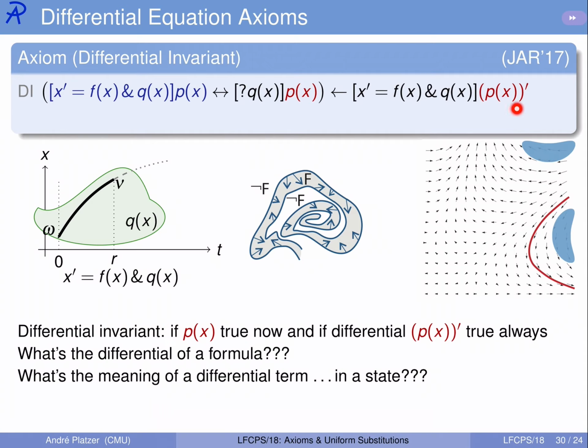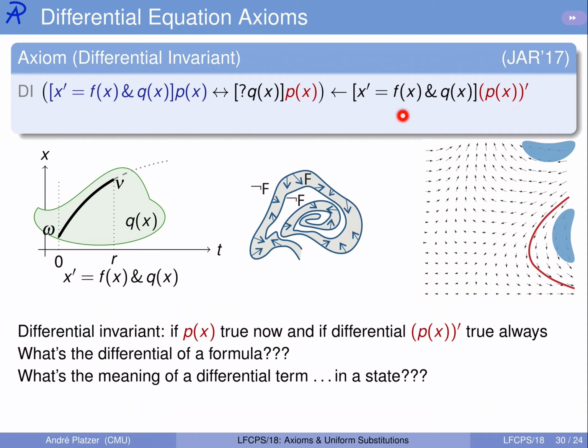So instead, in chapter 10 on differential invariance, we identified that understanding this as a differential, something that talks about local change in the local state, is the better way of understanding them. But we still had a way of making sense of this as a property that tells us whether locally p of x remains true.